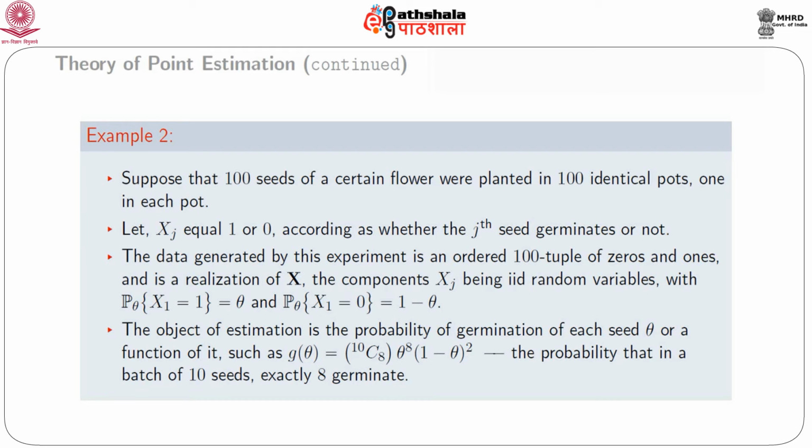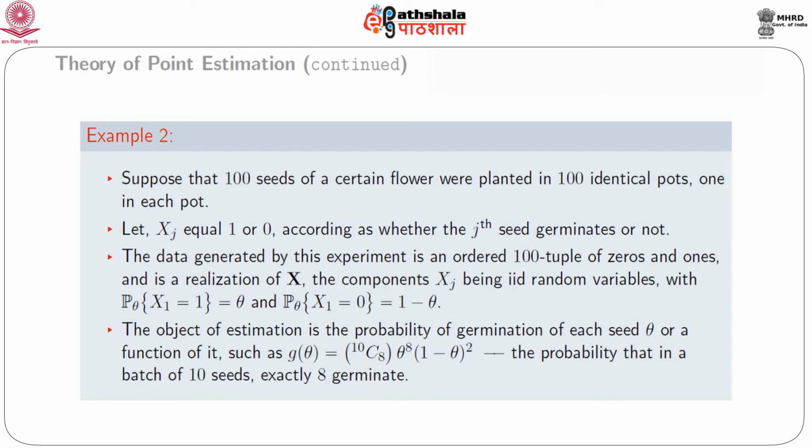The data generated by this experiment is an ordered 100-tuple of zeros and ones and is a realization of the X vector, the components Xj being IID random variables with probability X1 equal to 1 being theta, and probability X1 equal to 0 being 1 minus theta.